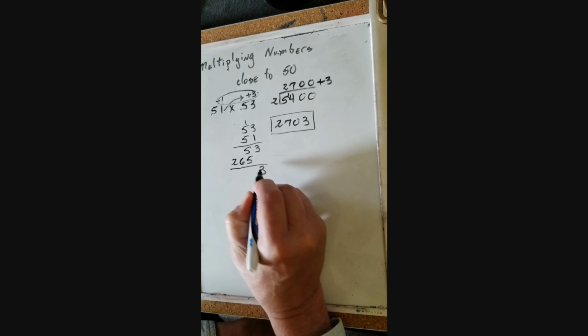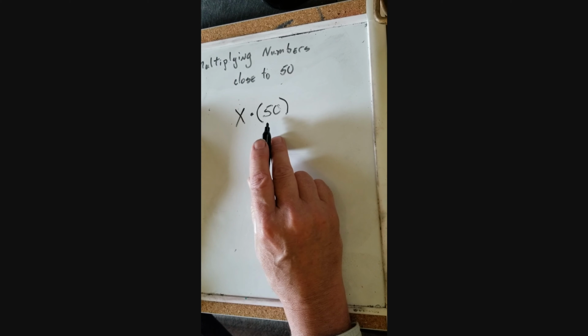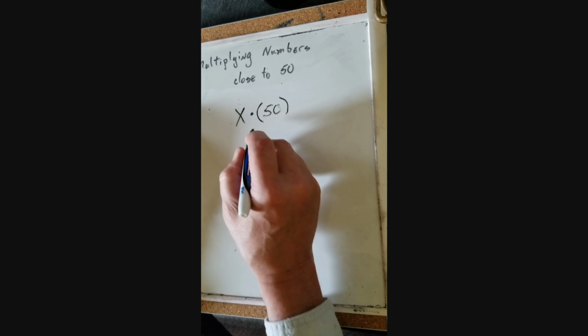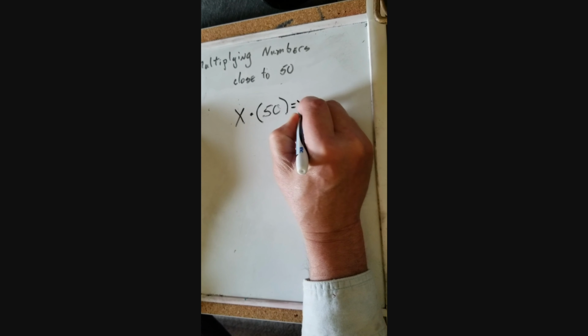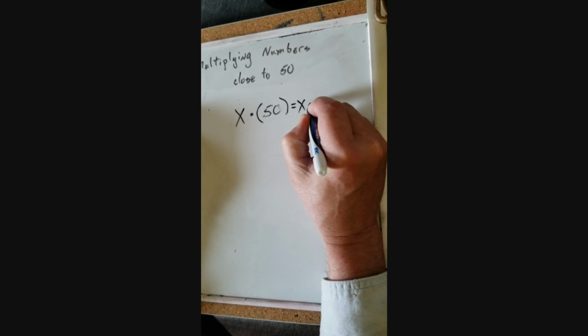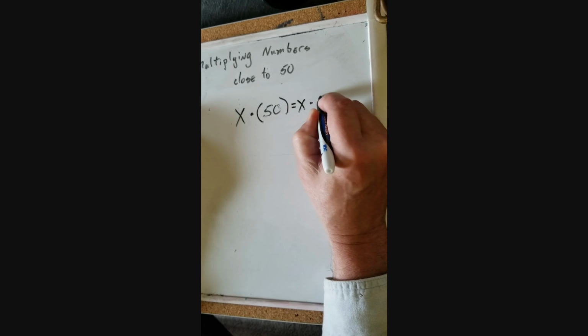Well, let me explain why that worked first. If we take any number, say x, and we multiply it by 50, well, 50 is 100 divided by 2. So this is going to equal x times 100 divided by 2.